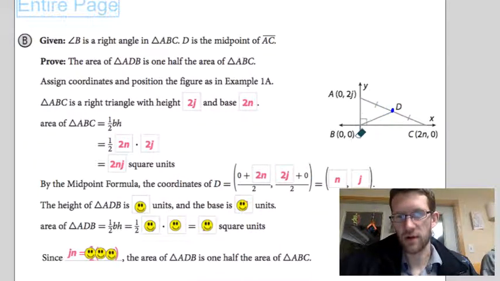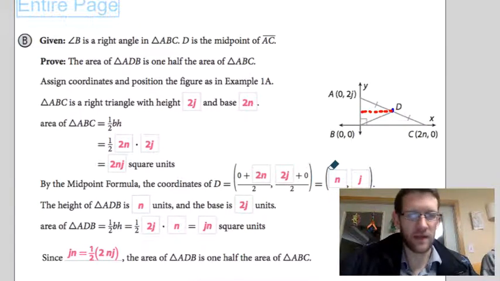The height of that triangle, going in this direction here, is just N. The base here is 2J again. 1/2 base times height gives an area of JN. So therefore, is JN 1/2 of 2JN? Correct, yes it is. Okay, so we've proven that.